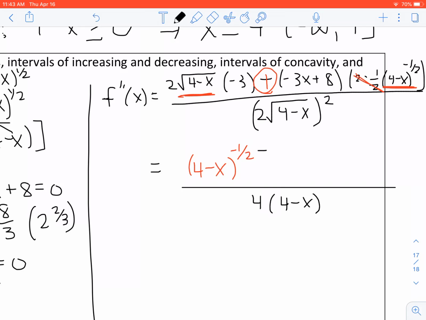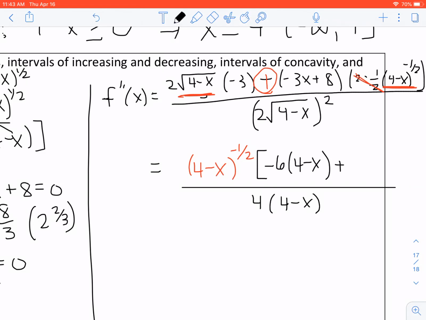So in the bracket, in the first one, we're left over with 2 times negative 3, so negative 6 plus, and that was the positive exponent of 1/2. So we are actually left over with a 4 minus x to the positive 1. And again, you do not need to put that positive 1 there, but feel free to.